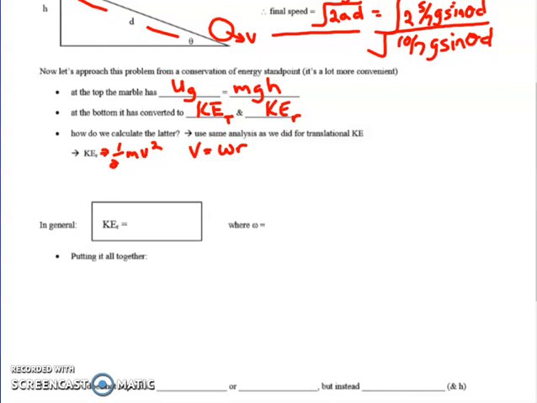So if I substitute that into v, I get 1/2 m omega squared r squared, which I can rearrange to say 1/2 m r squared times omega squared. Well, I want you to recognize the mr squared. That's nothing more than the rotational inertia of the object.